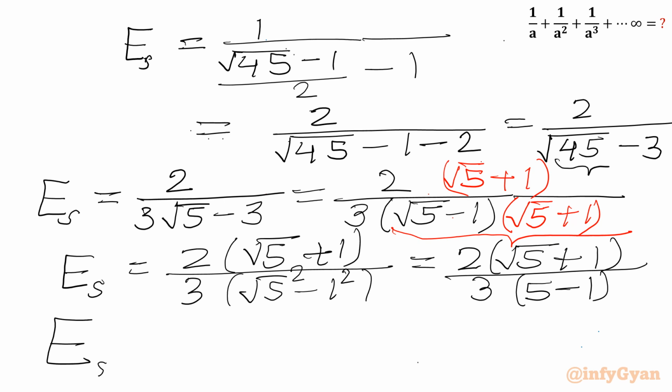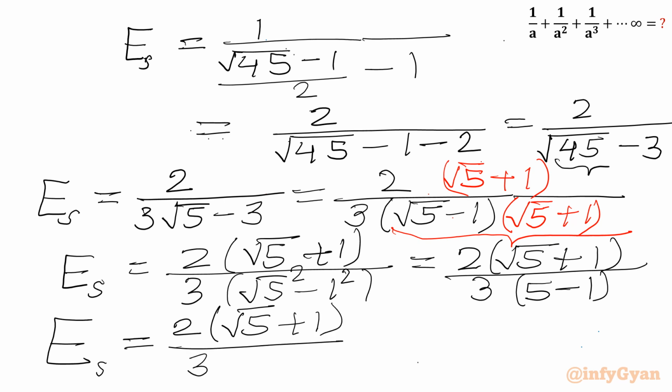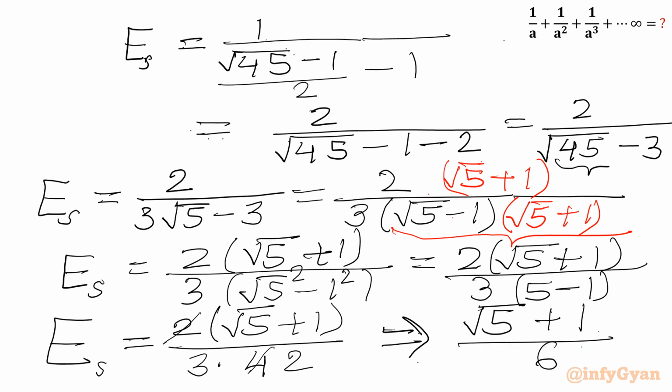So E_S will become 2 times root 5 plus 1 over 3 times 4. Now we can cancel 2 and 4. So our final answer will become root 5 plus 1 over 6.